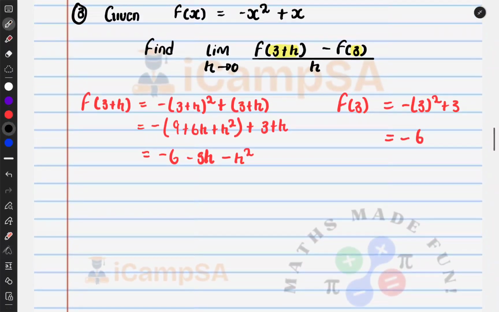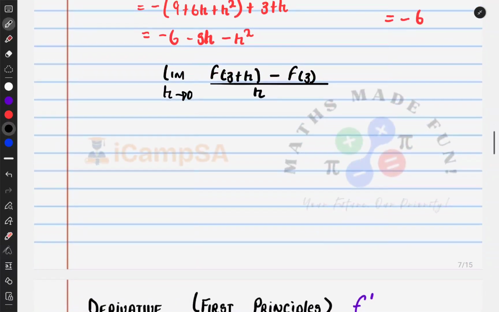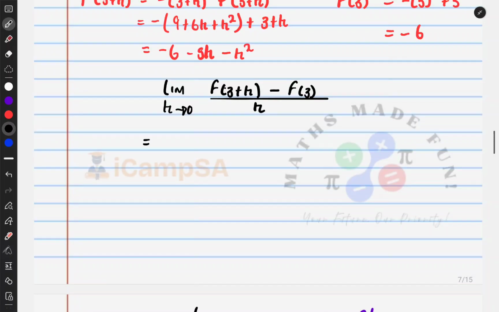Let's find the limit. So the limit as h approaches 0 of f at 3 plus h minus f at 3 over h is equal to the limit.